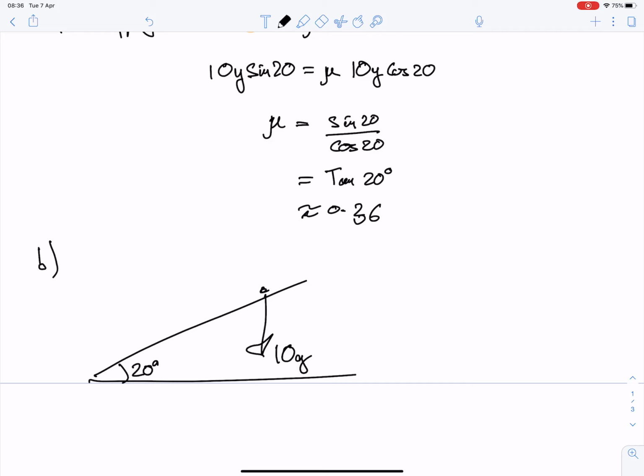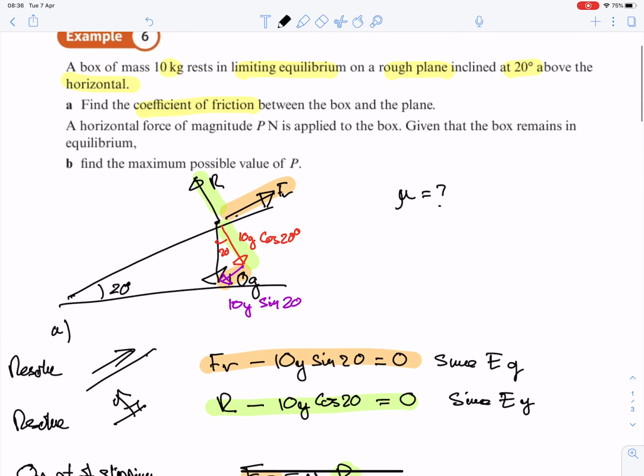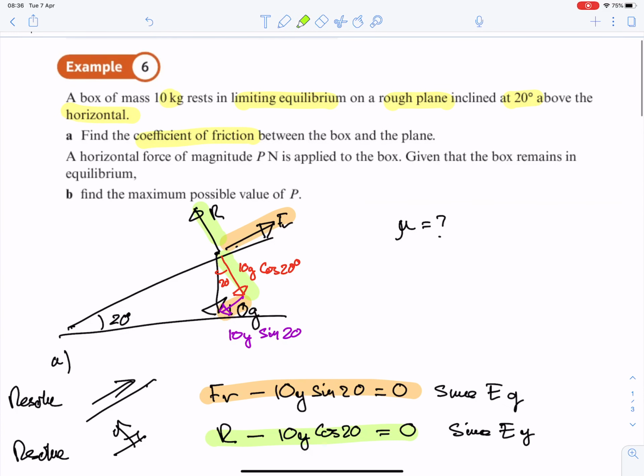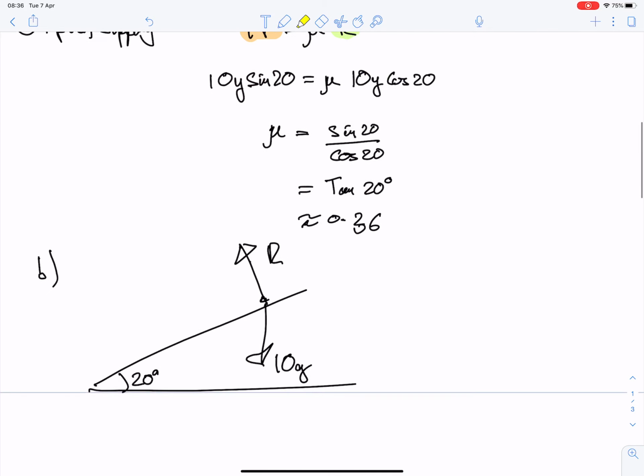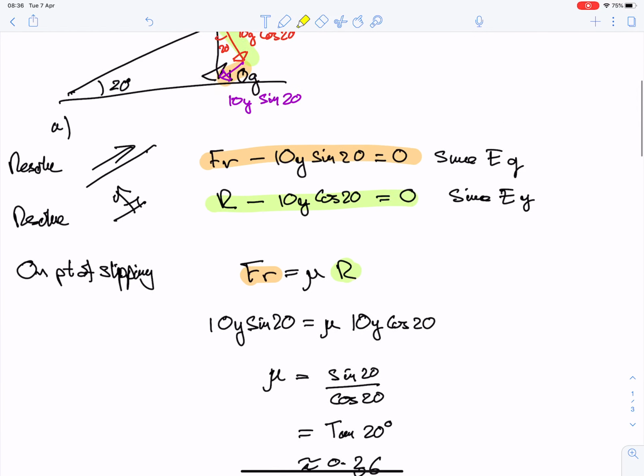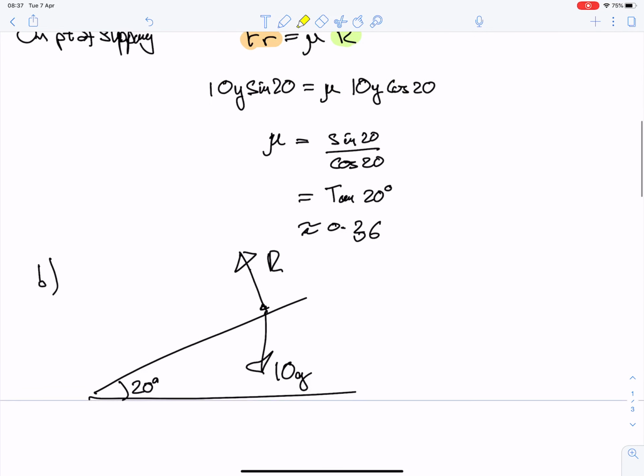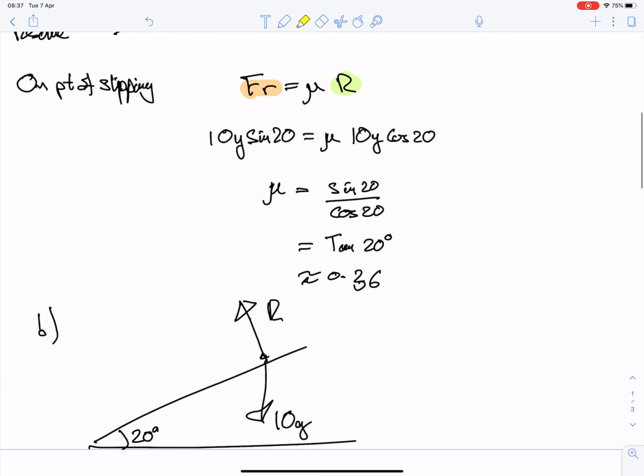So let's think. We've got a reaction here, R. Now the key phrase in this question is find the maximum possible value of P. So P, if it's about to slip, which direction?